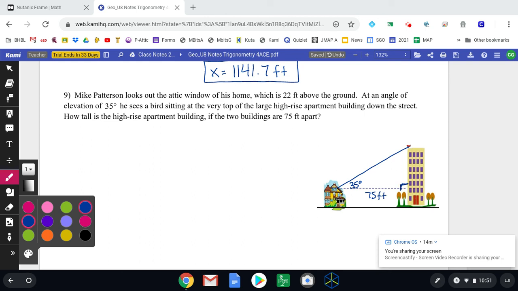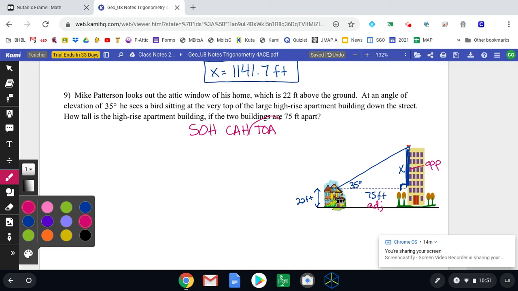All right, so I do have to think about a couple of things here. I do know the height of this building is 22 feet. So when I find my x value here, whatever I get, I'm going to add 22 feet to that. So thinking about SOHCAHTOA. I have my adjacent side. I have my opposite side.